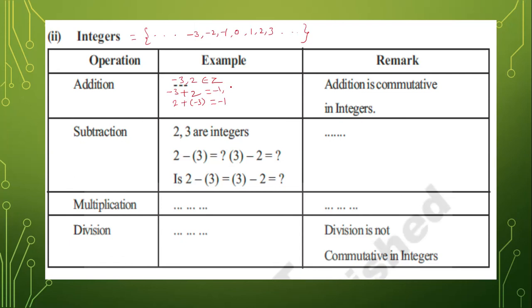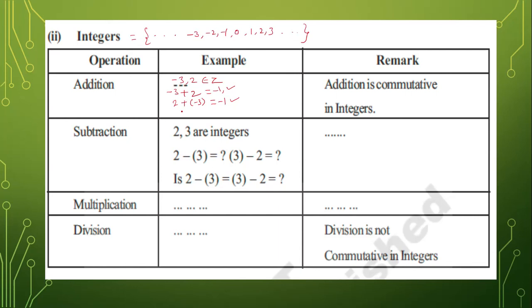And this minus 1 also belongs to integers. You observe that the results are both the same, here minus 1 and here also minus 1. That means if you change the order of addition, we get the same result. Then we can say addition is commutative in integers. In the previous table, we did it for whole numbers. Now in this table, we did it for integers.